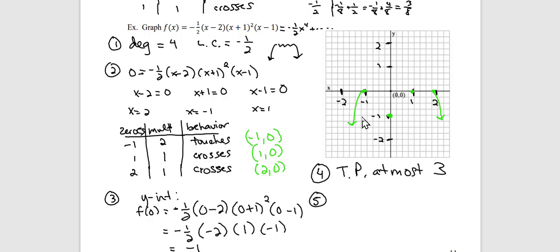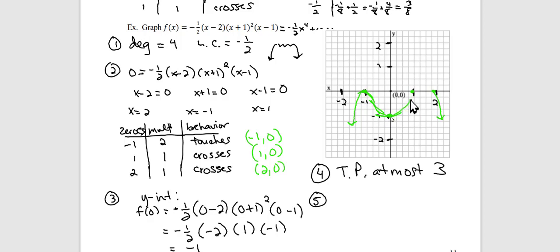Now I'm going to use the behavior of the zeros to tell me what's happening in the middle. At -1, it touches and turns around and comes back. So it's going to do this. And I already have a point here to come down to. I don't know that that's the minimum, but for now that's the best I can do.